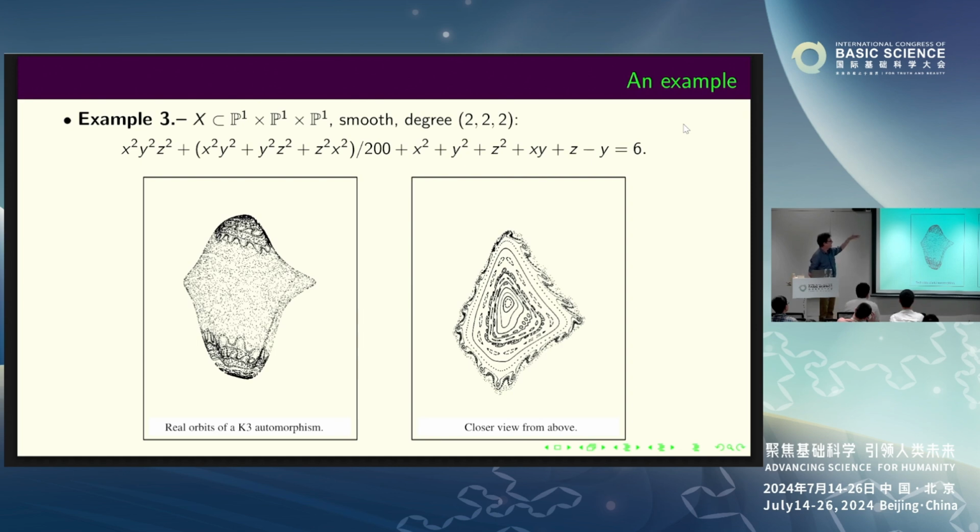This means that if you project X onto P1 times P1, forgetting the y coordinate, you get a 2-to-1 ramified cover. And when you have a 2-to-1 cover, there is a natural involution which permutes the points in the fiber of this cover.